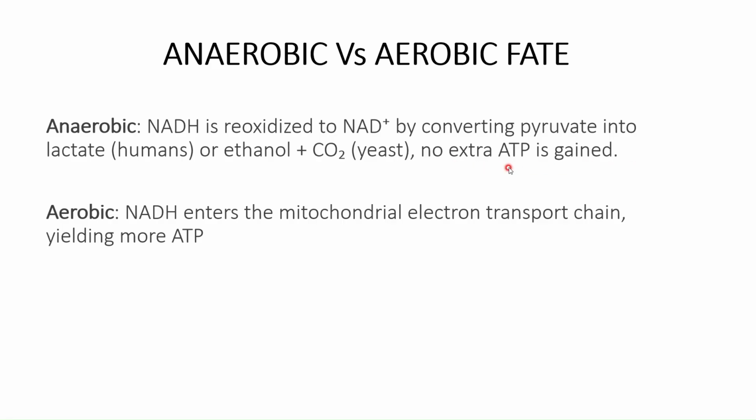And in the aerobic context, this reduced NADH is going to be entering the mitochondrion, and more specifically the mitochondrial electron transport chain. And in here, this is going to yield more ATP. So in an anaerobic context, this NADH is not going to give us more ATP, but if we have presence of oxygen, we are going to get more ATP.